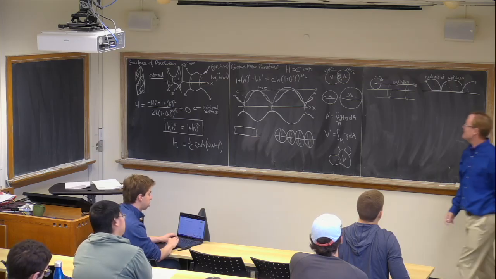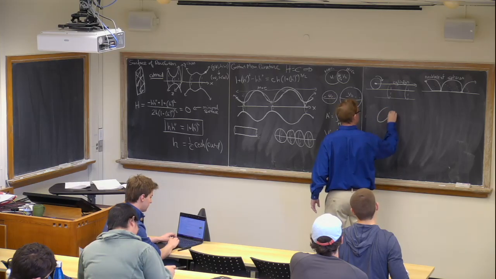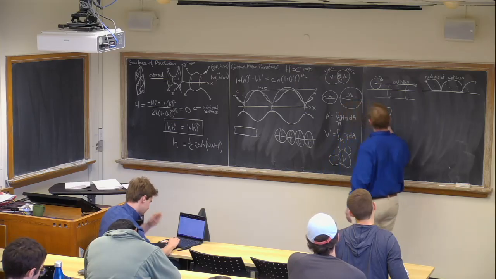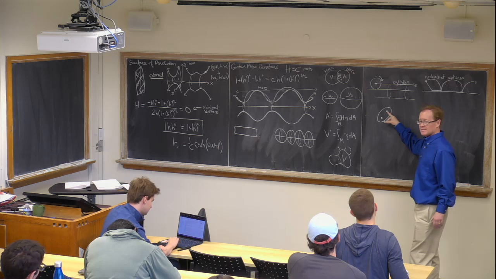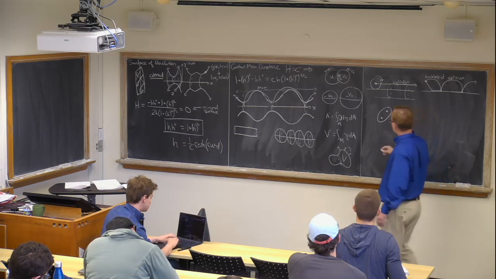Right? You have these things called an ellipse, and they have one focus or two foci. What are the extreme points?